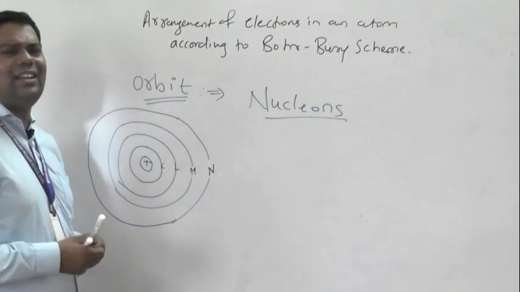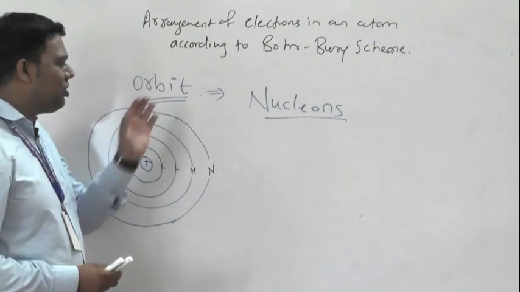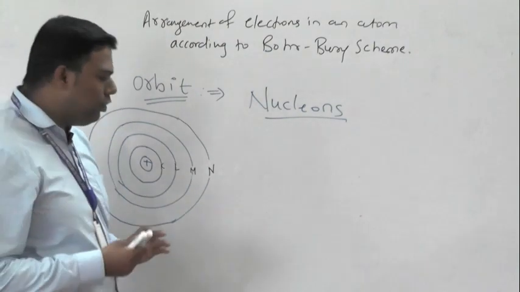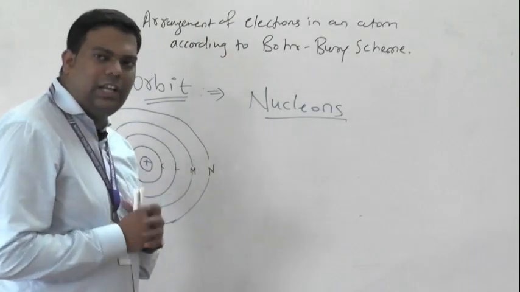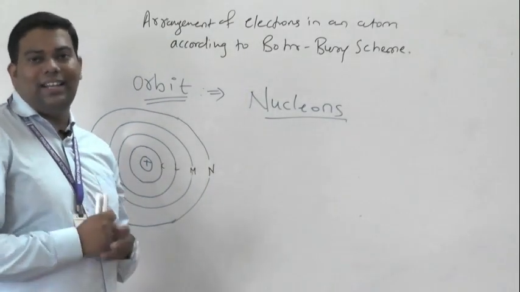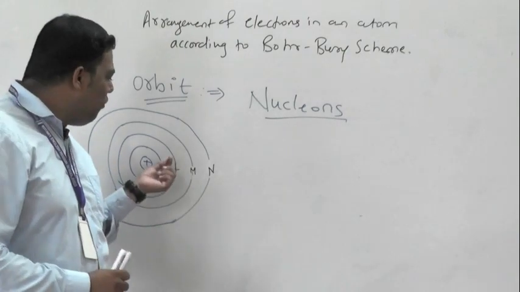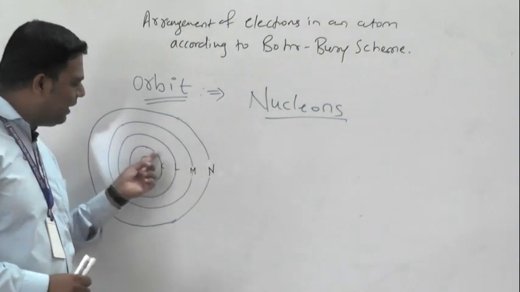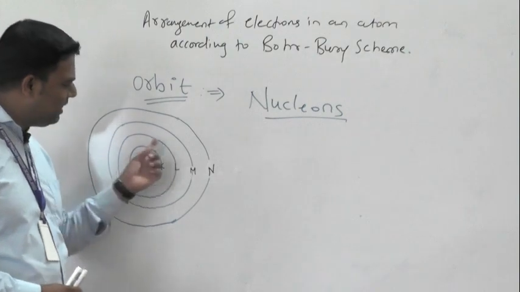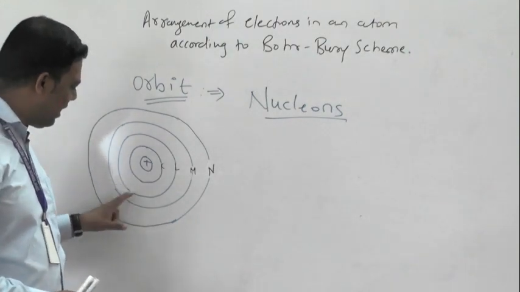Next term is orbital. An orbital is a region where the probability of finding an electron is maximum in that particular area.